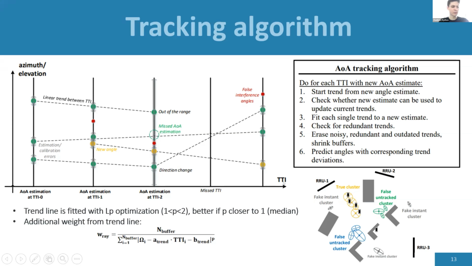In this model, we performed tracking according to this algorithm. At each TTI we start a new trend, then check whether it's close to the previous trend. If it's not close, we create a new trend, track it for some TTI, and if it is still a new trend, we save it and continue. We also have a model to check whether the existing tracks are outdated, and we delete them if for some TTI there is no new estimate.